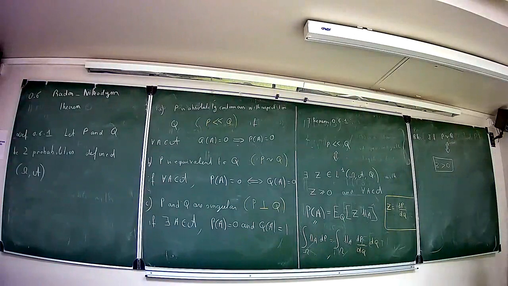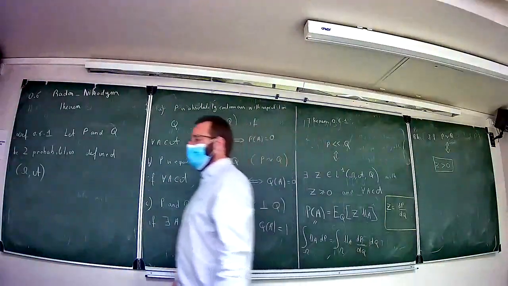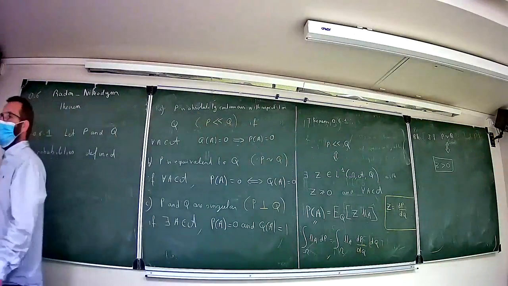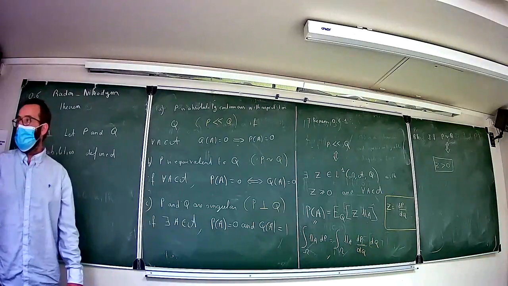I said that if you want them to be equivalent, you need to increase a little the hypothesis concerning the density. So you have a density, but this density is in fact always strictly positive.